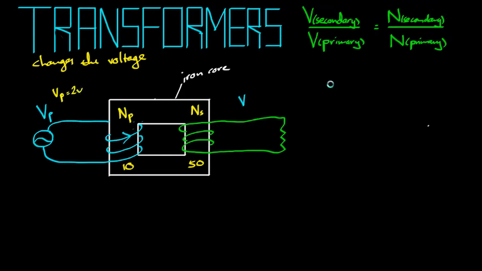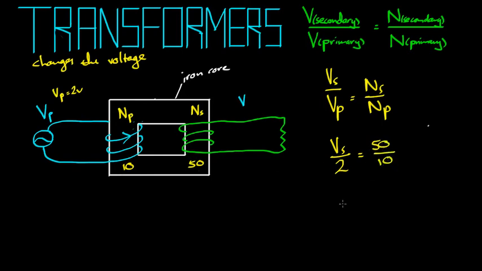Using this equation up here, Vs on Vp is equal to Ns on Np, we can figure out how much voltage is being put through that circuit there. So first of all, Vs is what we want to find. Vs over Vp, that's 2 volts, is equal to Ns, 50, over Np, 10.